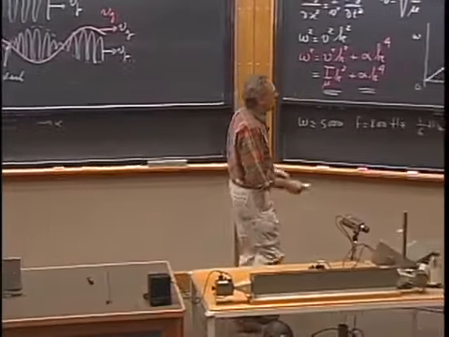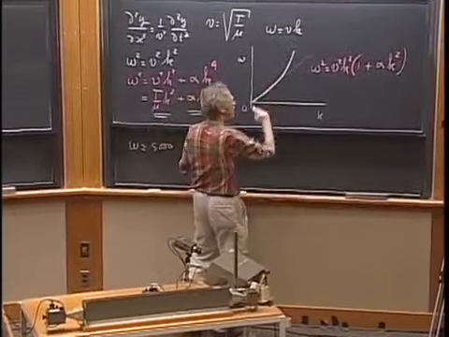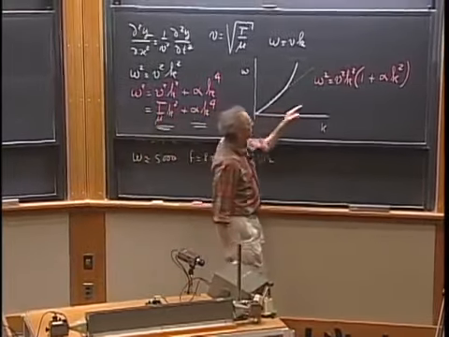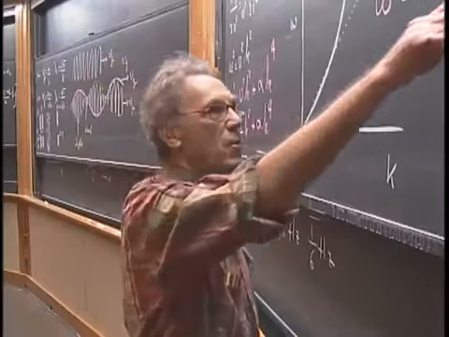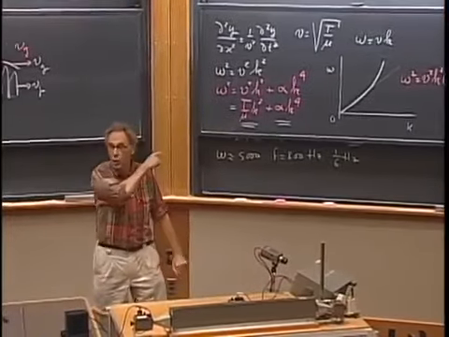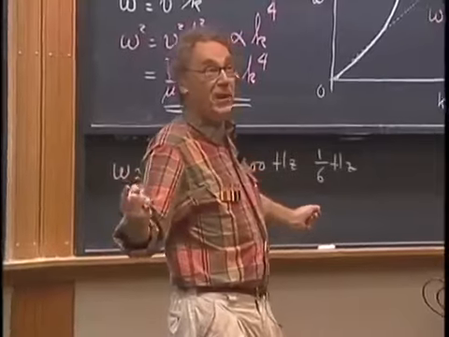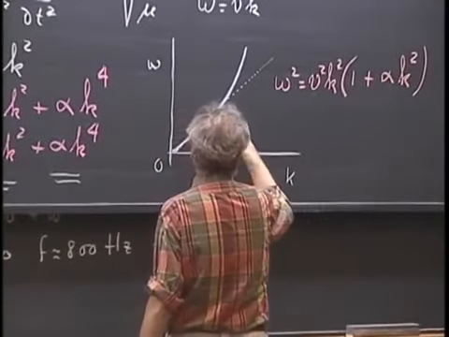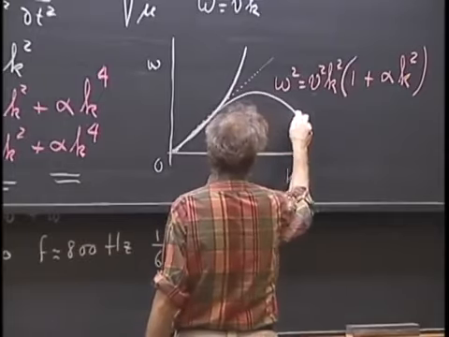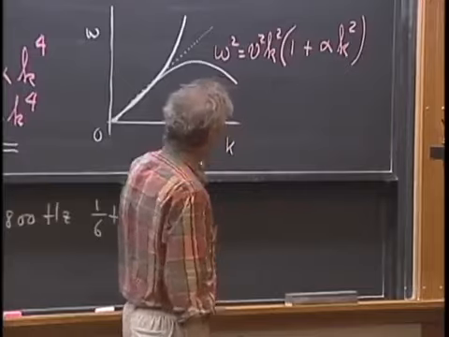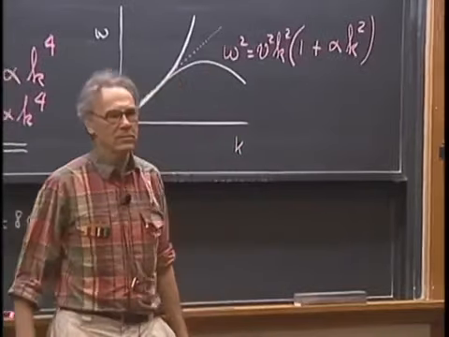If I make alpha positive, it will turn up. That's the general idea. If you plot it, it goes like this. If you make alpha negative, which is not the case for a string, it's just in this toy model, I can put alpha minus, right? If you put alpha minus, then you're going to get this. And if you go to very high values of k, it will even turn over, because if alpha becomes high enough negative, ultimately it will turn over.